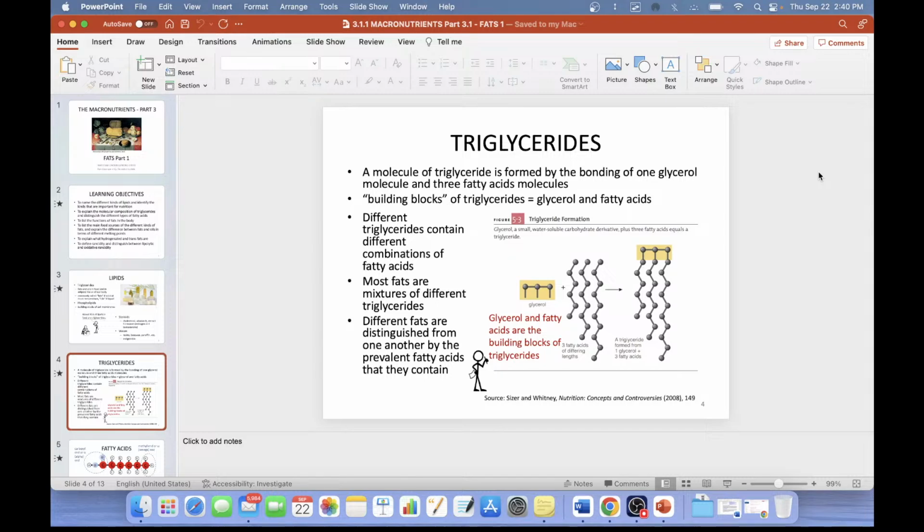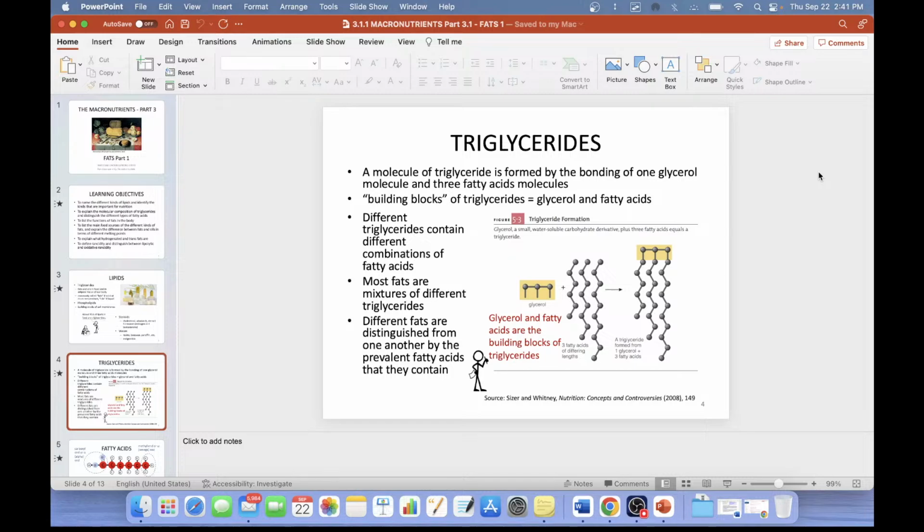We eat them as components of foods, nutrients in foods, or we add them to dishes as culinary ingredients after they have been extracted from parts of plants and animals. But in any kind of fat, we find a mixture of different triglycerides, where each triglyceride can contain different types of fatty acids.